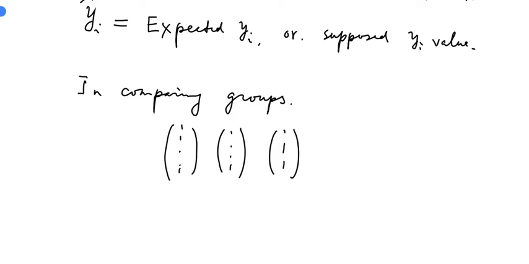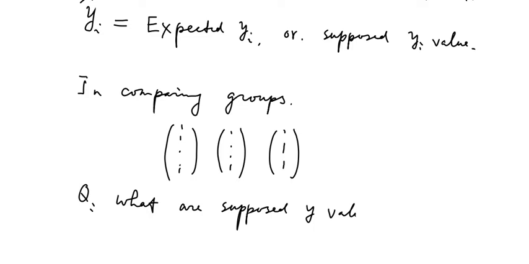So what is the supposed y, the supposed data? In comparing groups, we assume no variance in this direction, so no change.